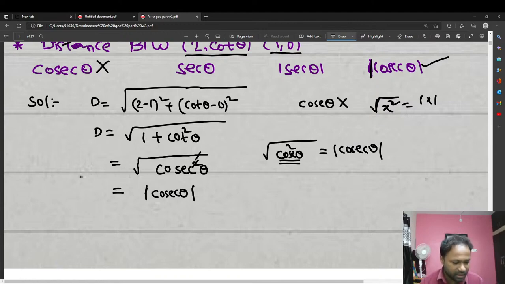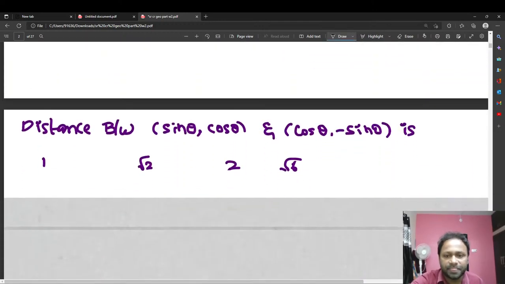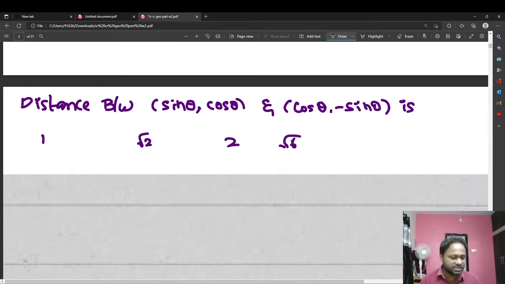Okay, next we are going to do another problem. See, what is the distance between the ordered pair (sine theta, cos theta) as well as (cos theta, minus sine theta)?